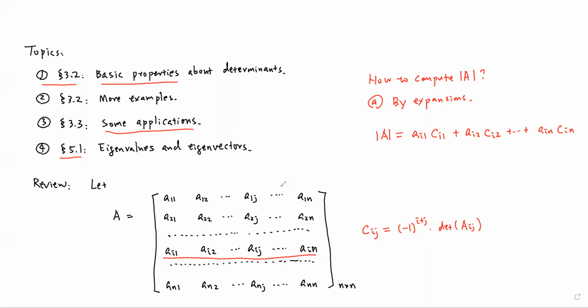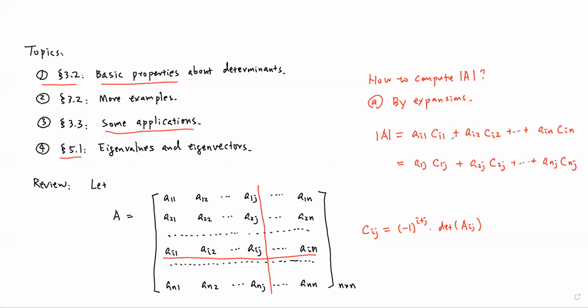And also you can expand the determinant down any column, say down column j. The formula is this. The first entry, a_1j times C_1j, plus second entry, a_2j times C_2j, and so on. The last entry, a_nj times C_nj.